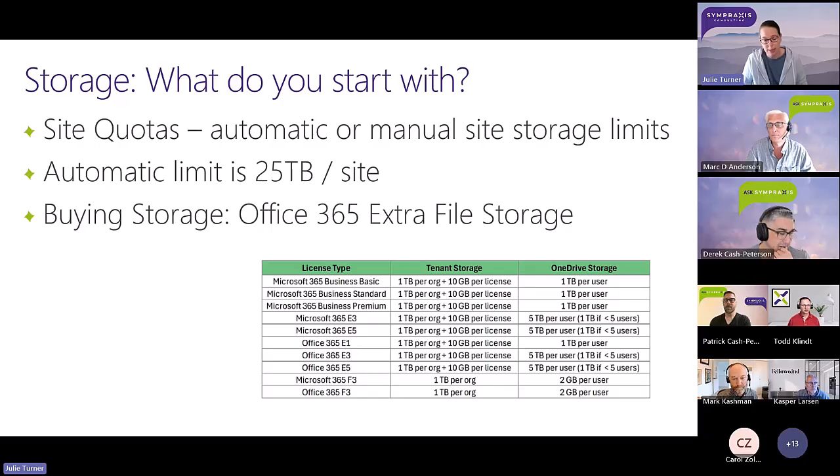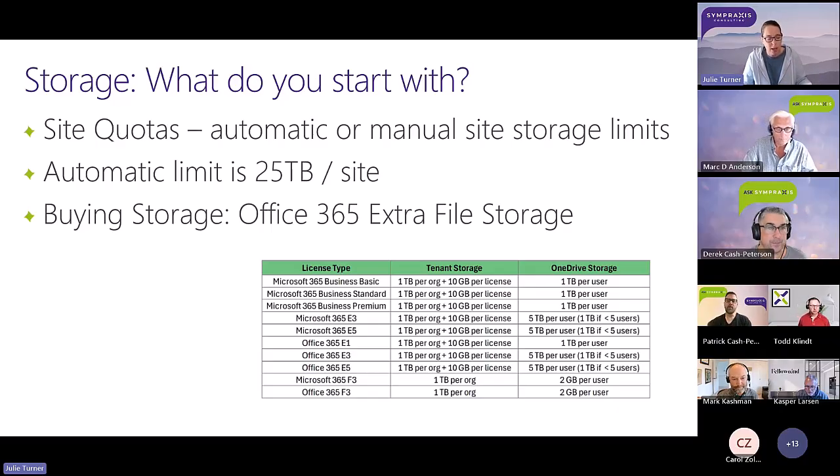And then per license, you get some extra storage for many of the options. However, you get OneDrive storage sort of separately. So it's good to understand that your OneDrive storage, or the storage that your users have, is separate from your overall tenant storage and what you have to allocate towards sites and related Microsoft 365 group storage, because if we recall, all Microsoft 365 groups have a site underneath them, and thereby they are storage.